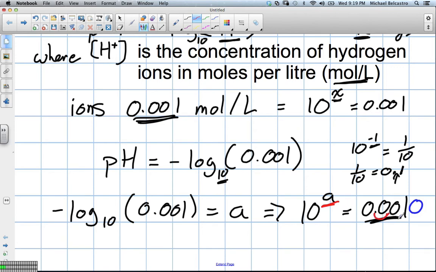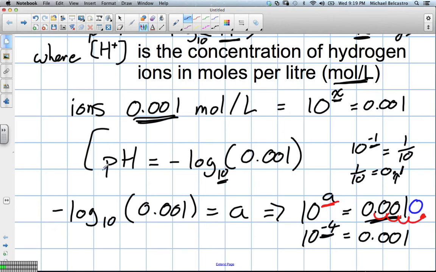So we need to move it 1, 2, 3, 4 spots. And because it's going back to the left 4 spots, it's going to be, in this case, 10 to the power of negative 4 is equal to 0.001. Okay? So that gives us our negative 4.